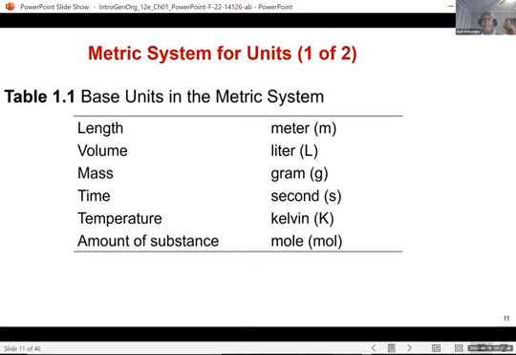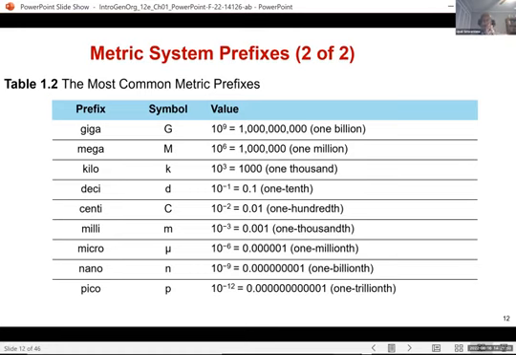How many base units are there in the metric system? 7. So these base units, like meters, could be expressed in terms of kilometers, micrometers, depending on the exponent we use. What is a gigameter? Big G, small m.